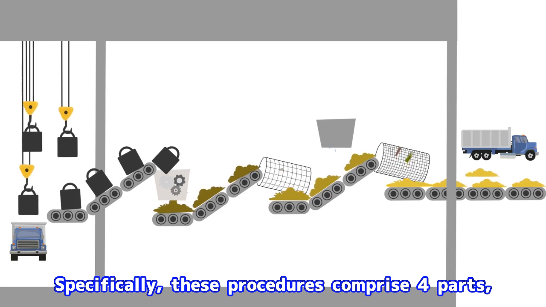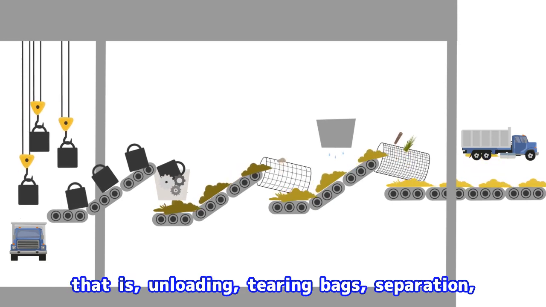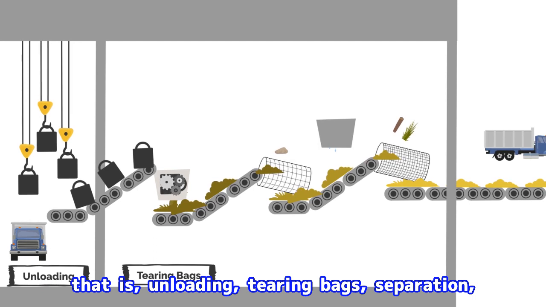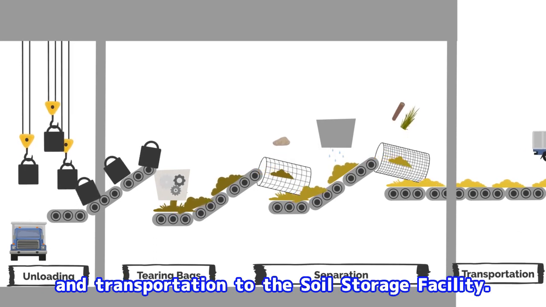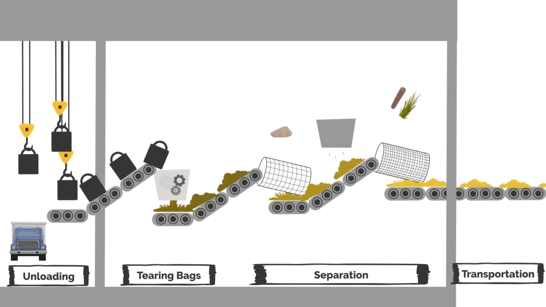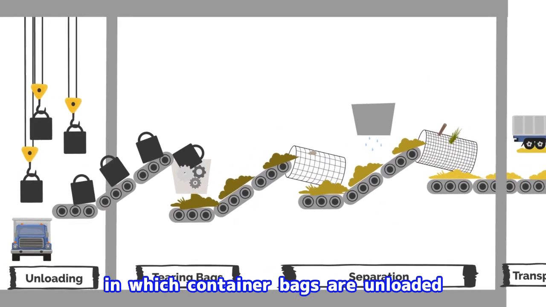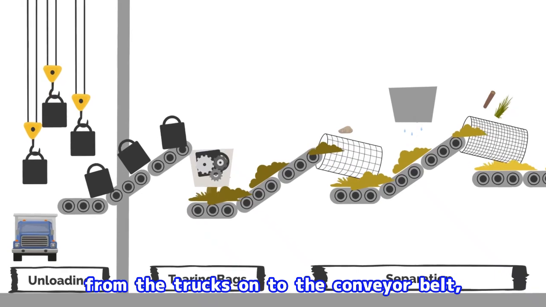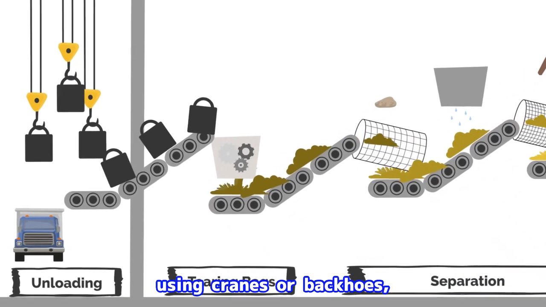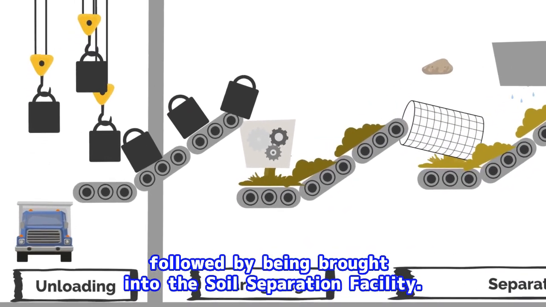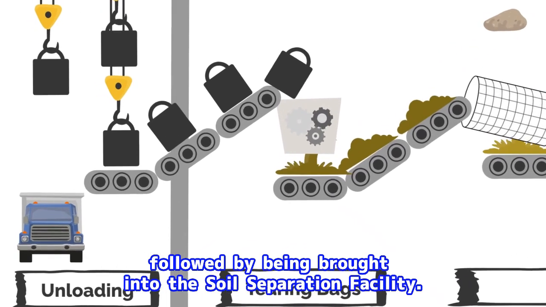Specifically, these procedures comprise 4 parts, that is, unloading, tearing bags, separation, and transportation to the soil storage facility. First of all, unloading is one of the procedures, in which container bags are unloaded from the trucks onto the conveyor belt, using cranes or backhoes, followed by being brought into the soil separation facility.